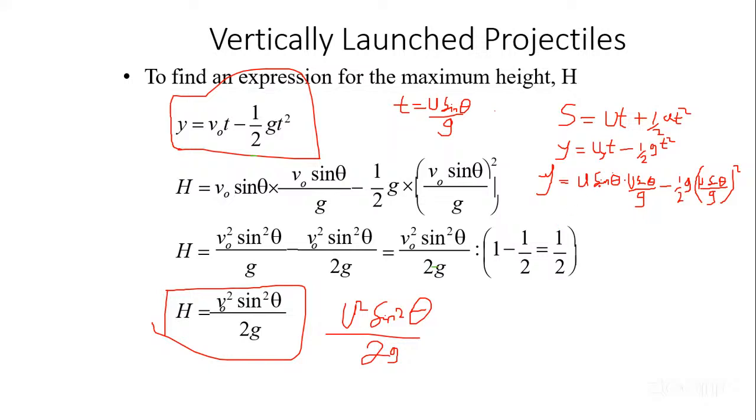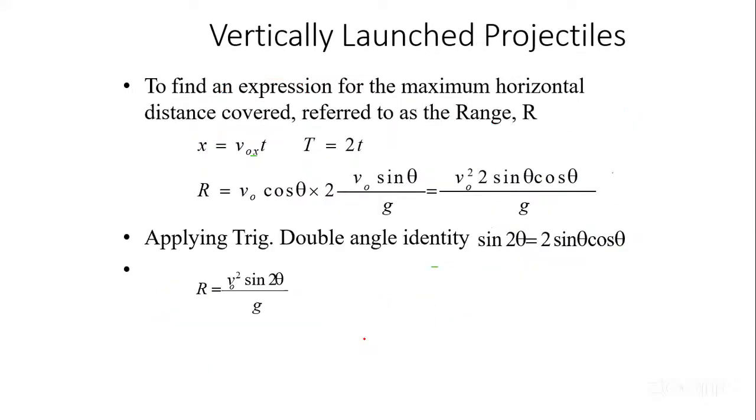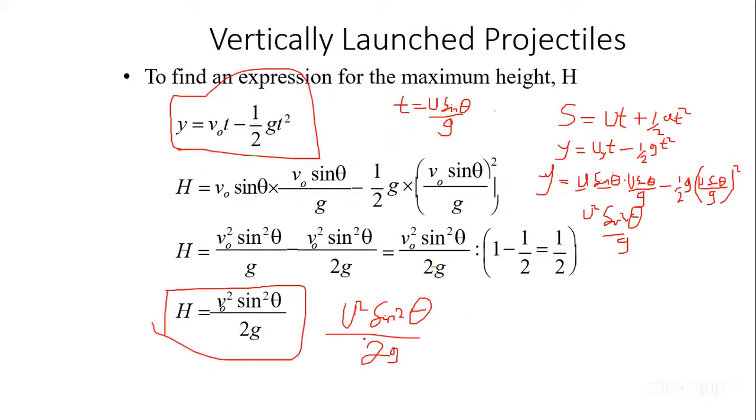Look at it here: you have u here, u times u will give you u squared, sine times sine will give you sine squared theta over g, and on this other side you already have u sine theta over g squared, and it has a 2. This is how I've explained it here to make you understand. So we have that expression for the maximum height.